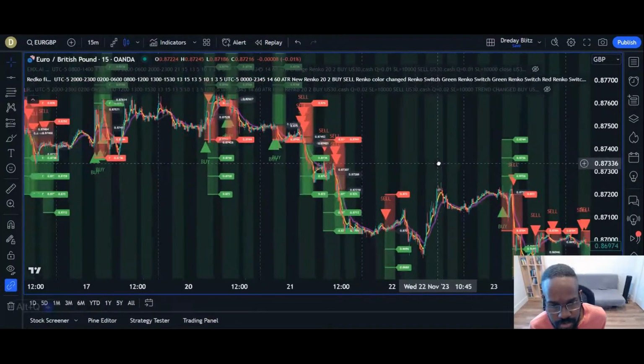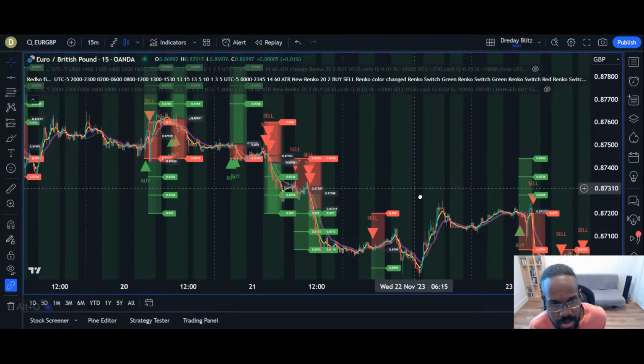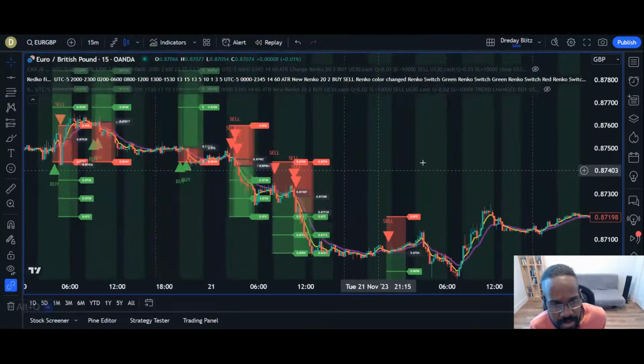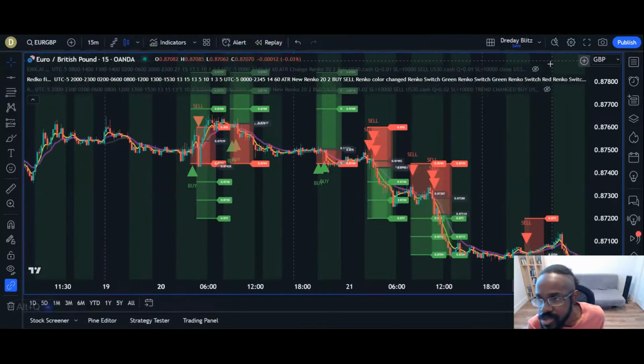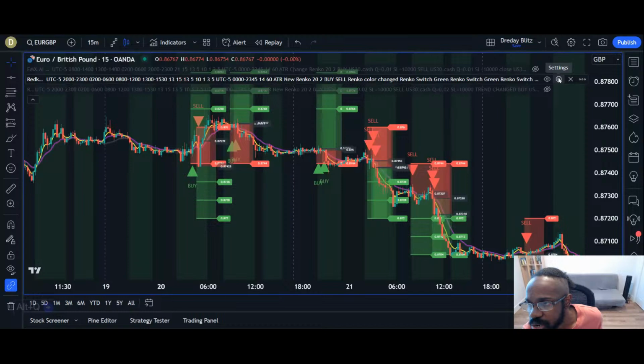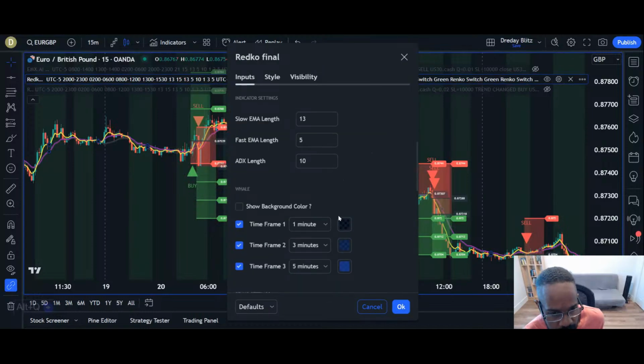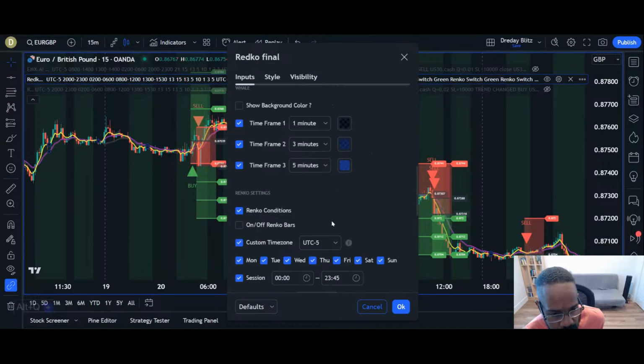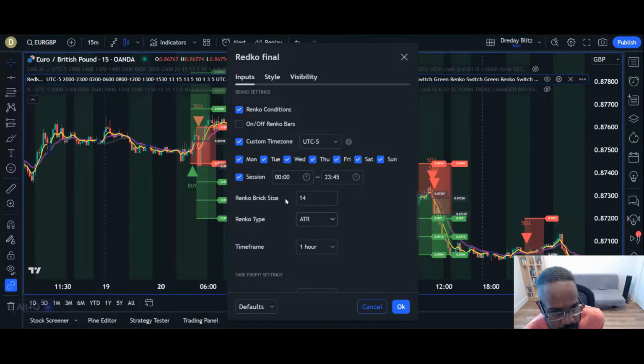So this is version 5. You have the option to add back the Renko if you want to. For the purpose of this slide, I was removing the color in the back, so you can turn the Renko bars on and off.